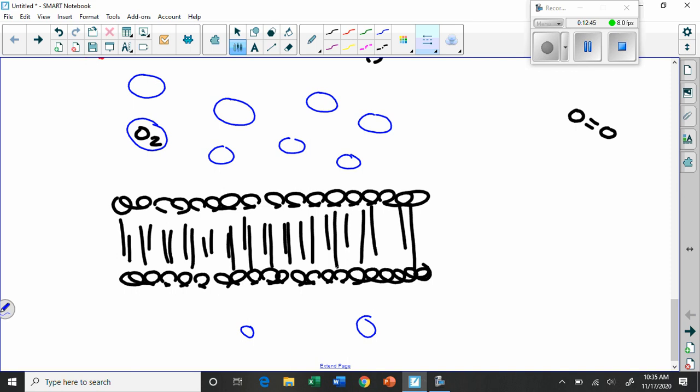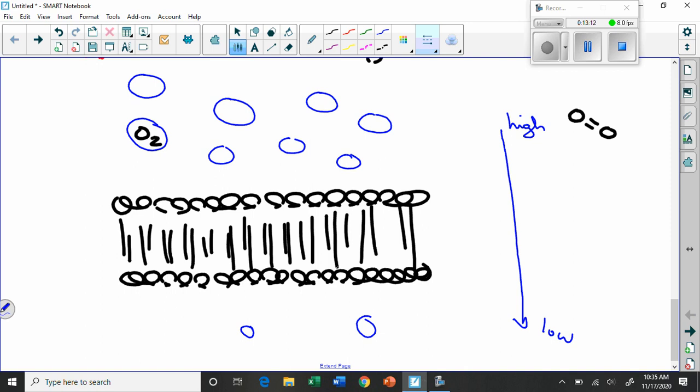Maybe this is the bloodstream. Maybe these cells line the vessels. And the oxygen has to get into the blood. So this cell, if it's a cell that lines the walls of your blood vessels, the oxygen has to get through. Well, clearly there's a concentration gradient, from high to low, because we have more oxygen on one side than we have on the other.